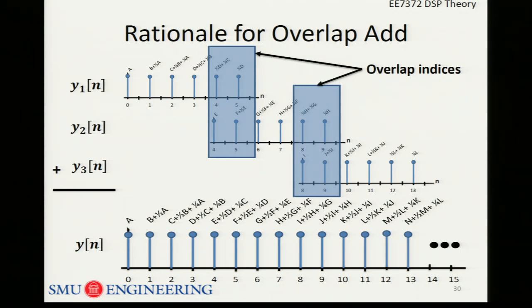Was there no overlap in G, F, for 6 and 7? Let's see. Is that because in Y1 and Y3, there's no 6, it doesn't start at 6 or something? It just starts at 8. Right. It just turned out that way because of the lengths of the sequences. If we changed the problem so that the length of the impulse response was longer, then you'd think you'd have more overlap?